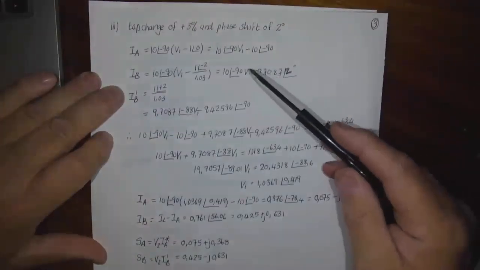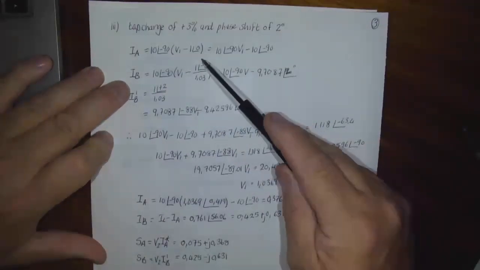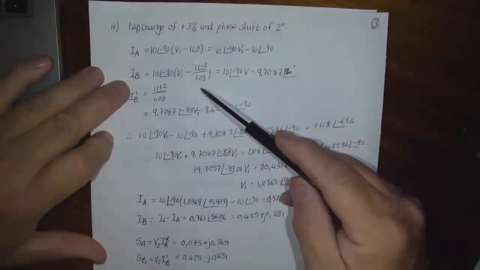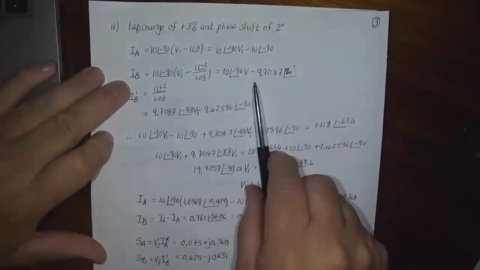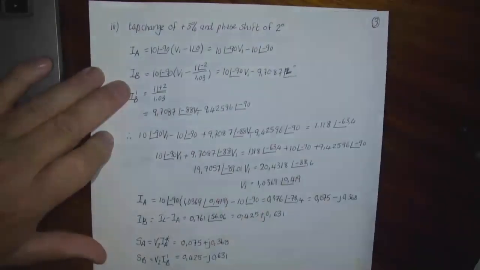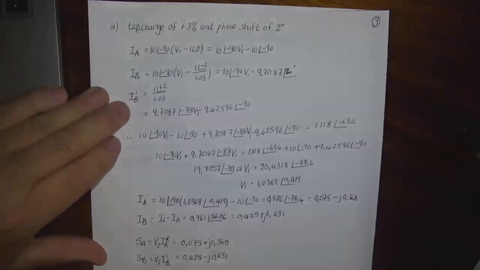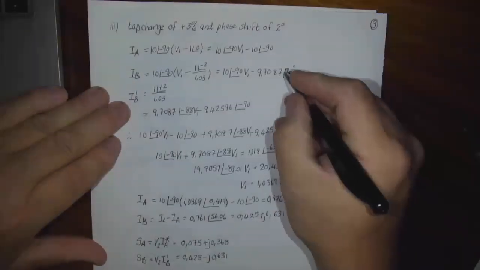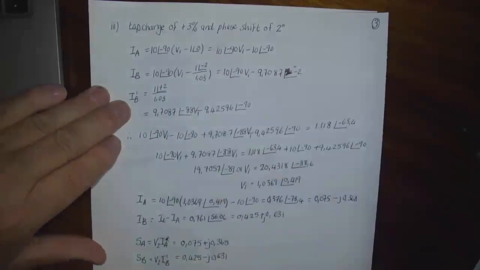Right. So then IB is 10 angle minus 90 V1 minus 1 angle minus 2, divided by 1.03. And that gives us 10 angle minus 90 V1 minus 9.7087 angle minus 2 degrees. Sorry, right.